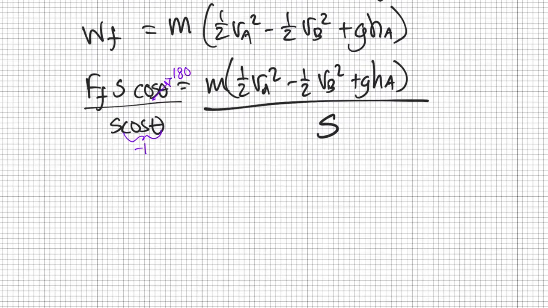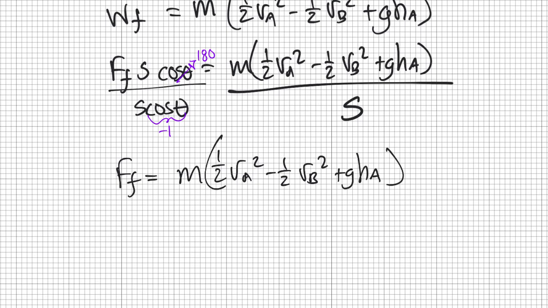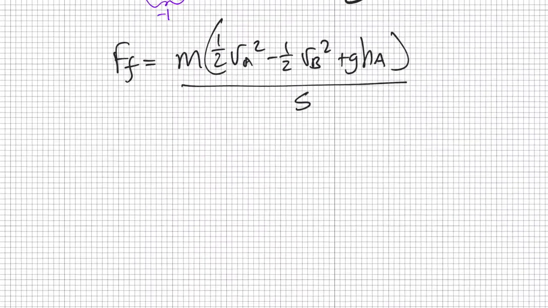So we got our equation set up for the force of friction, right? M 1/2 VA squared minus 1/2 VB squared plus GHA divided by S. So we have that.